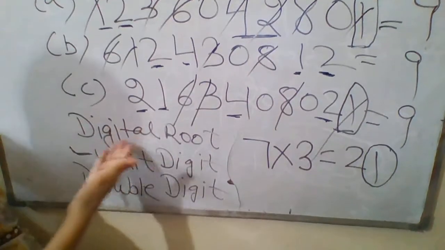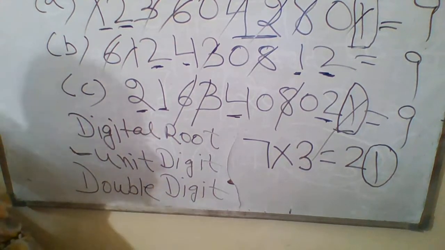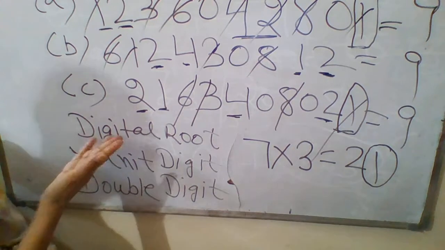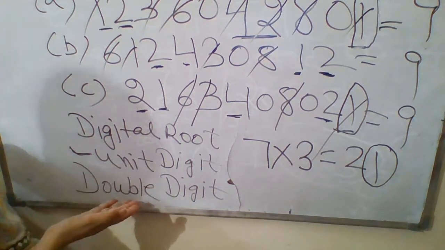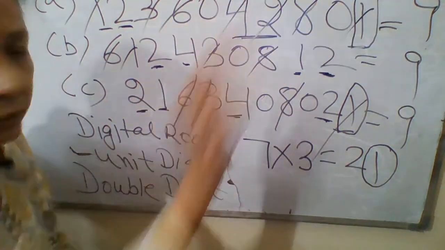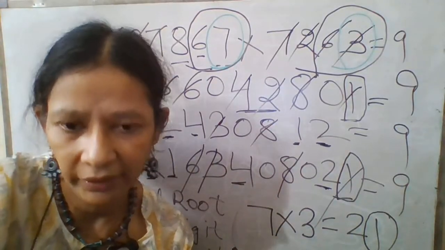You should know what is digital root, you should know what is unit digit, you should know what is double digit. Okay, unit digit I have done earlier also, digital root I am doing right now. Double digit, what you have to do is 67 into 63. And you will not get very easy questions in your competitive exams.